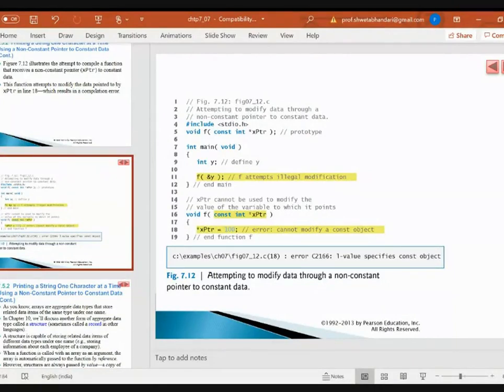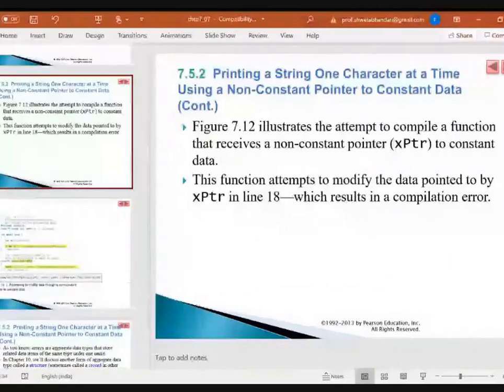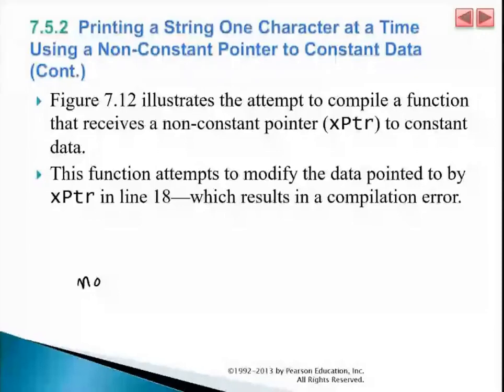The first possibility that we have seen is non-constant pointer to non-constant data. Yes, and the second one is non-constant pointer to constant data, right?